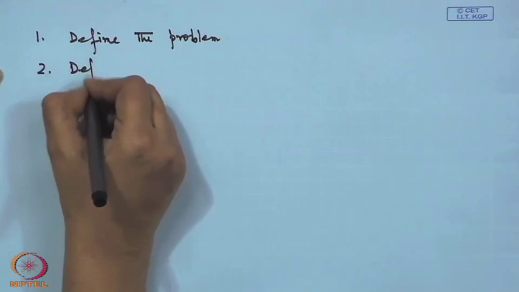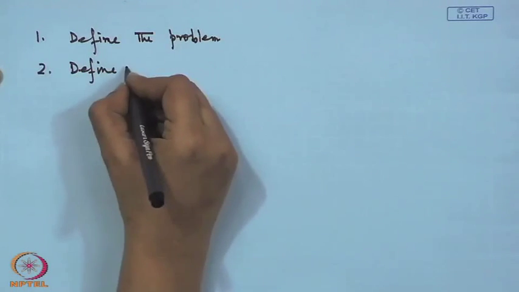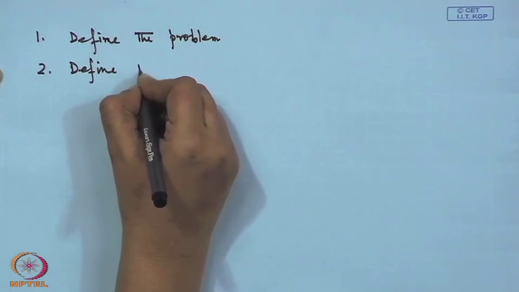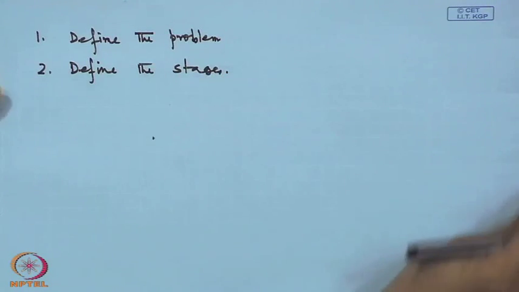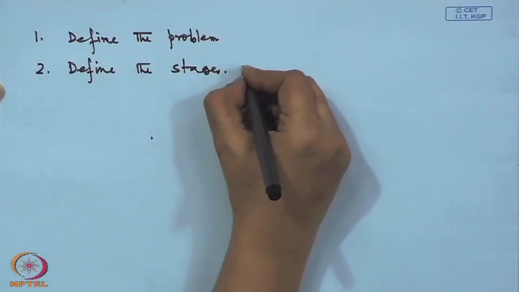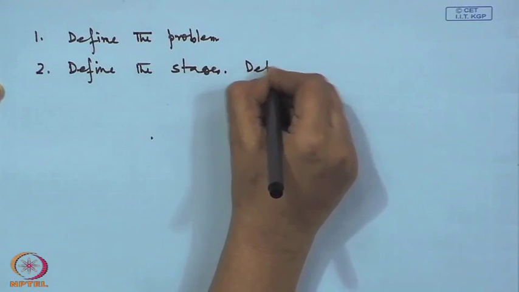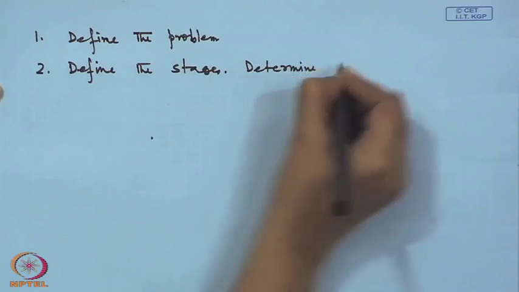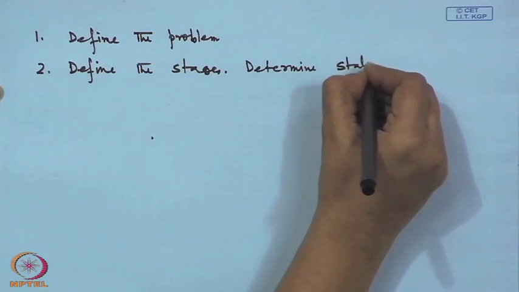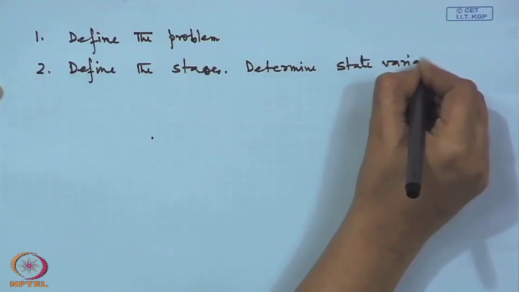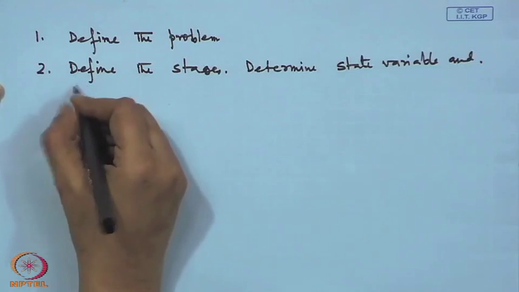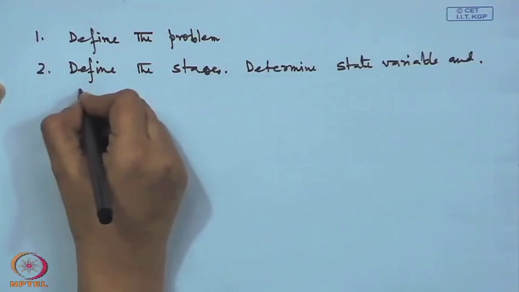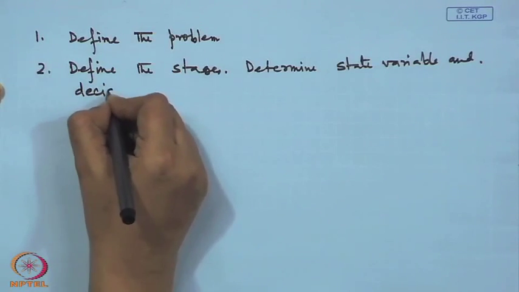Then decompose the whole problem into several stages. Once stages are fixed, we need to determine the state variables, and we have to fix the decision required at each stage.